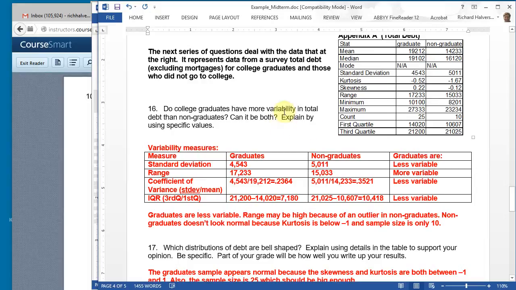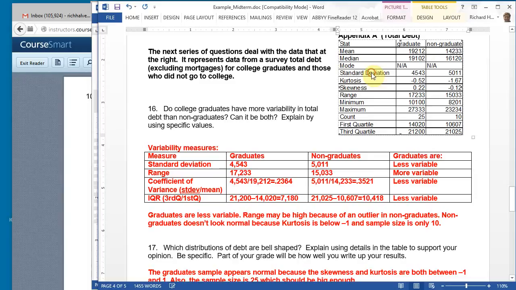Okay, so the question is variability. What measures can we look at here that give us indications of variability? Well, I made a little table here. Standard deviation is one of them, and range is one of them. Coefficient of variance is one of them. That would be the standard deviation over the mean.